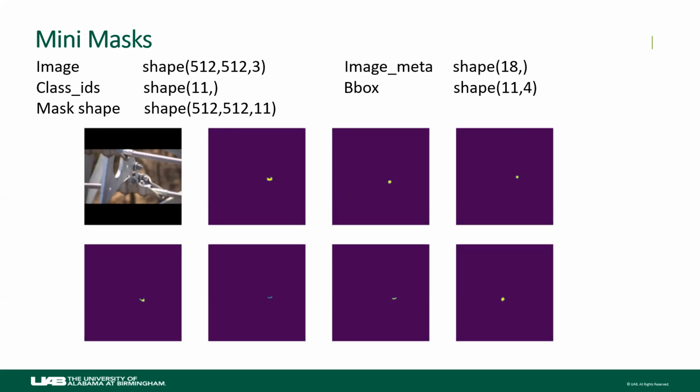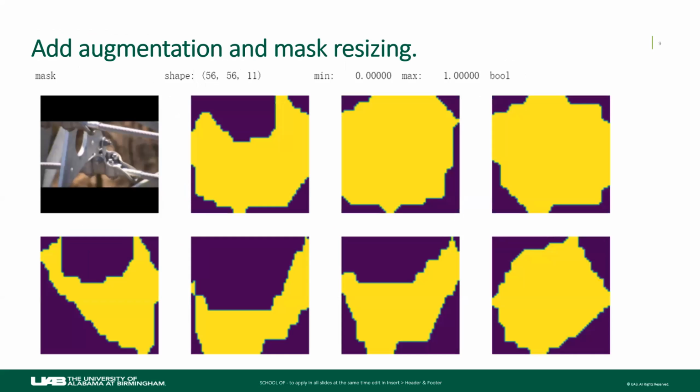If there are 100 masks in the picture, it will be 100 MB. It will be too large and waste time in training. So in order to improve the speed, we need to minimize the masks. I resized them to 56 by 56.